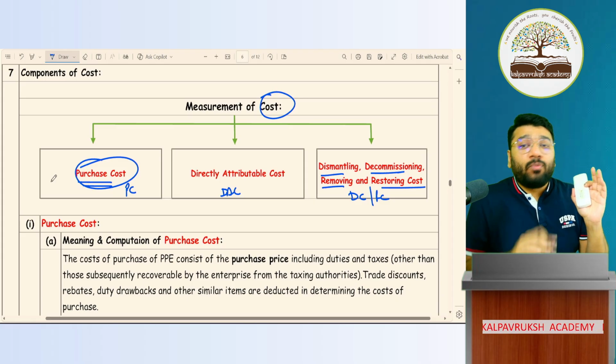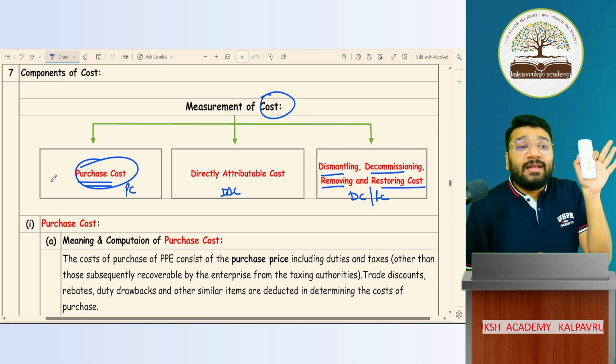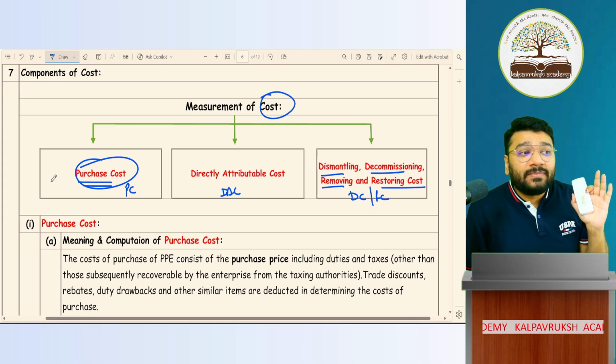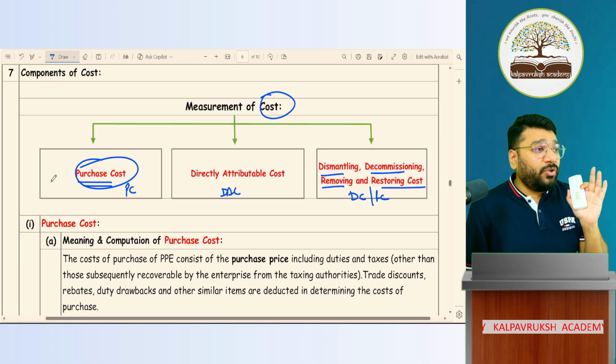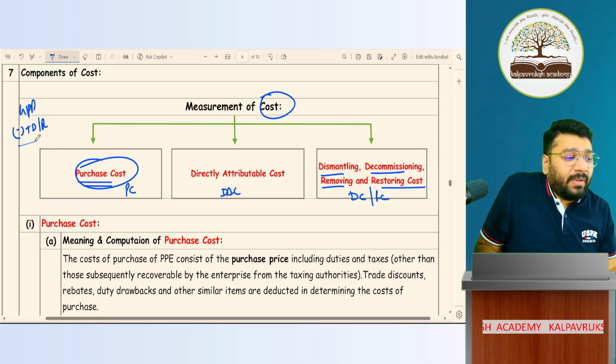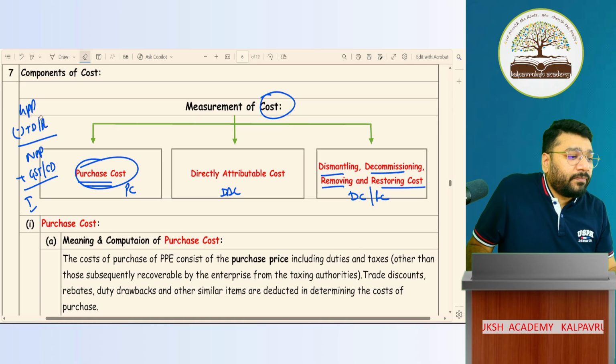If he gives it, you minus it. The balance is called the net purchase price. With the net purchase price, what do you add? GST or customs duty. Gross purchase price minus trade discount or rebate gives the net purchase price. With that, you add GST or customs duty, and this becomes your invoice price.